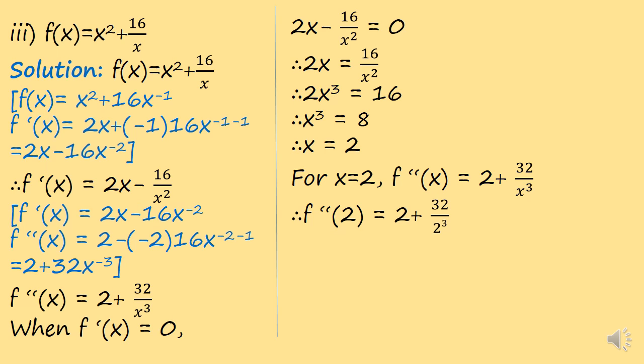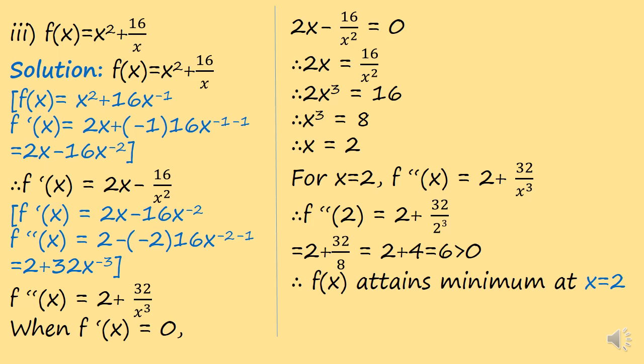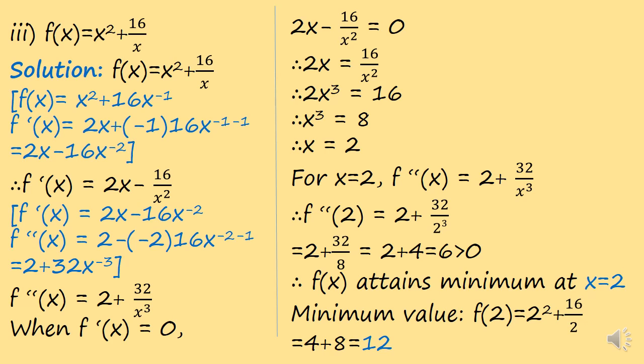So, f double dash 2 becomes, we put x as 2 in this equation and thus we get the value as 6, which is positive. So, we say that f(x) attains minimum at x is equal to 2. And the minimum value f(2), that is in the question f(x), we put 2, which becomes 2 square plus 16 upon 2. So, it comes out as 12.